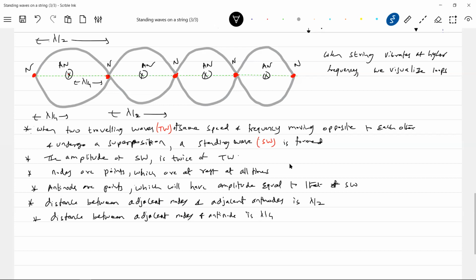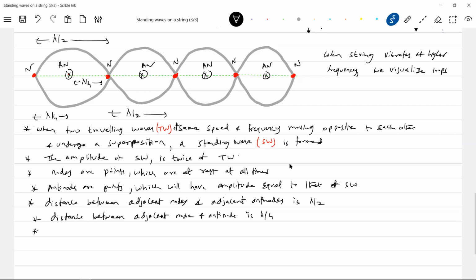So this will help us to locate where they will be. Distance between adjacent nodes or antinodes will be lambda by 2. Distance between adjacent node and antinode, write node only, singular, will be lambda by 4.